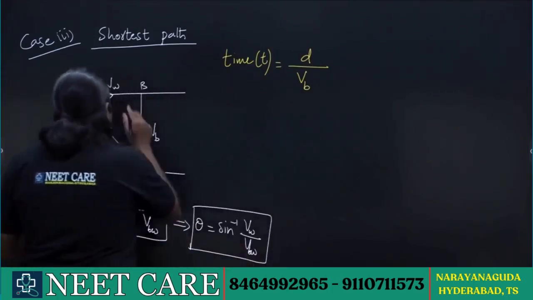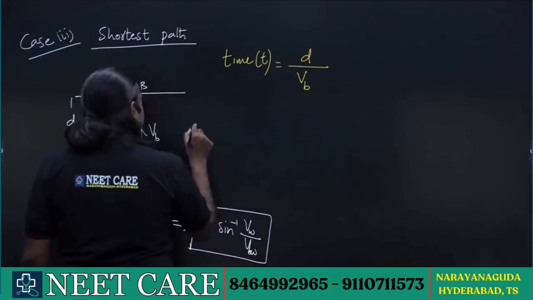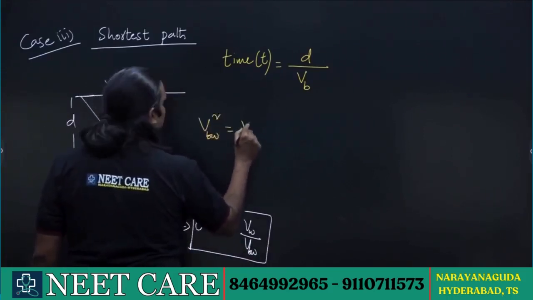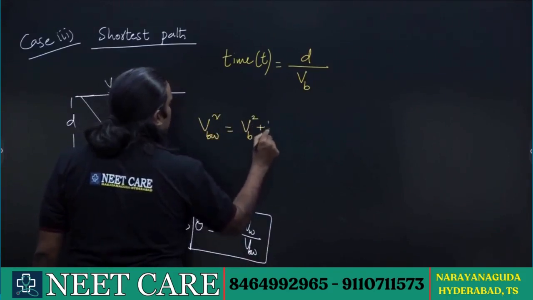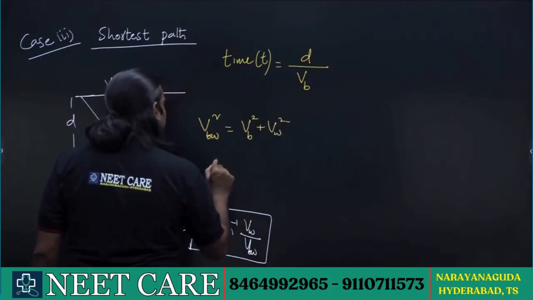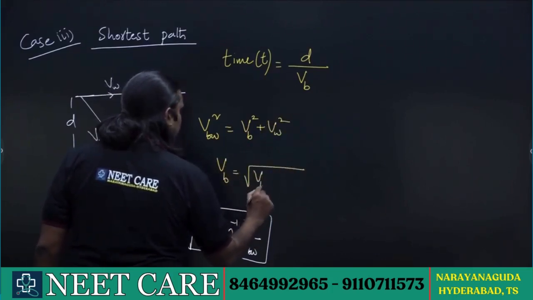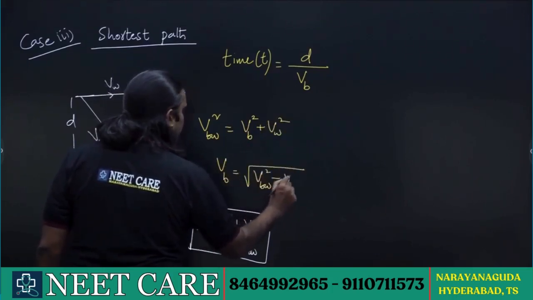And again from this triangle you can even write that VBW is along the hypotenuse. VBW square is equal to VB square plus VW square. Here if you make VB the subject, then VB is under root of VBW square minus VW square.